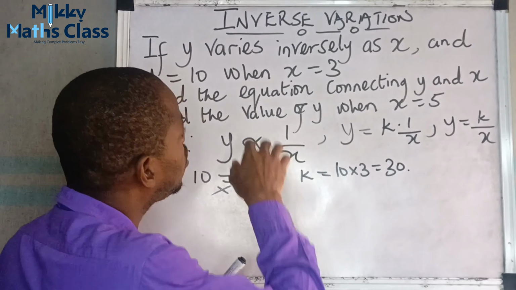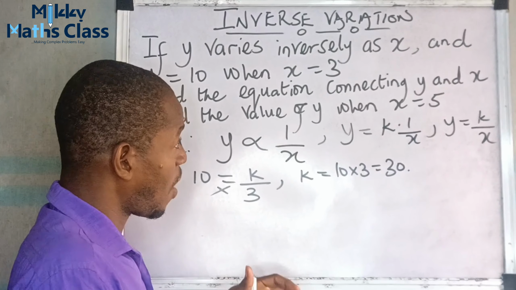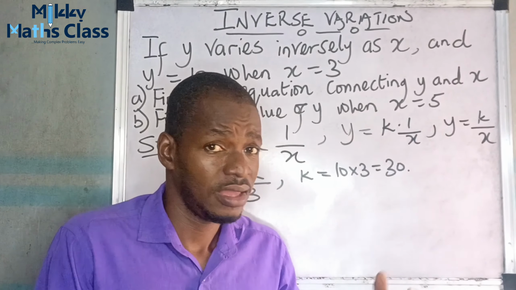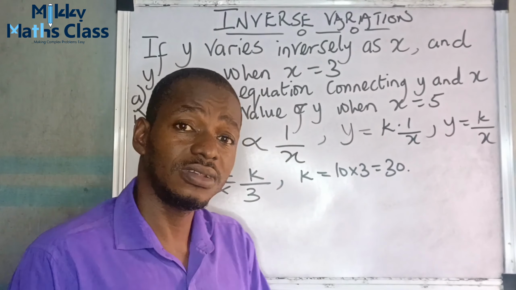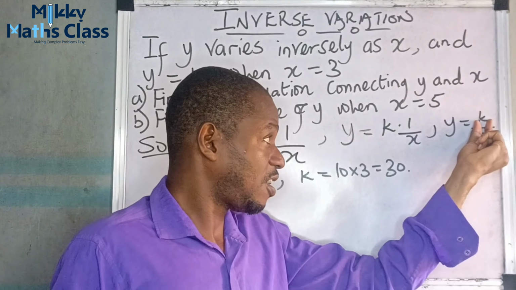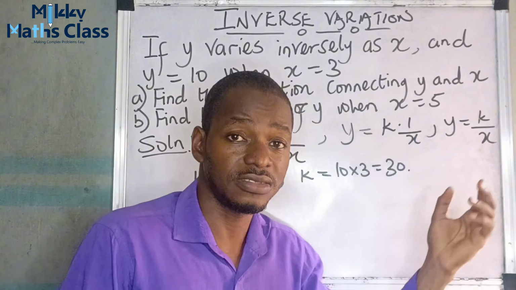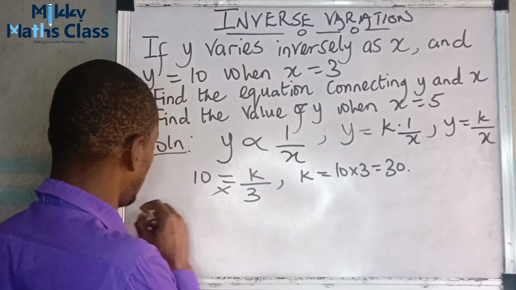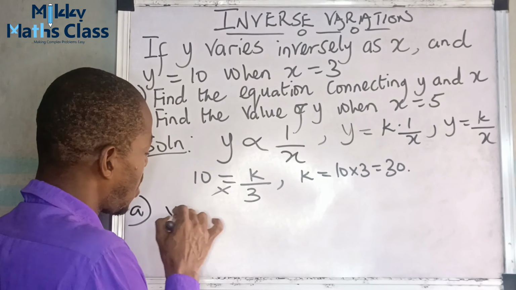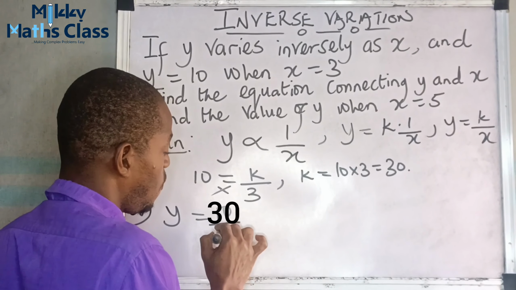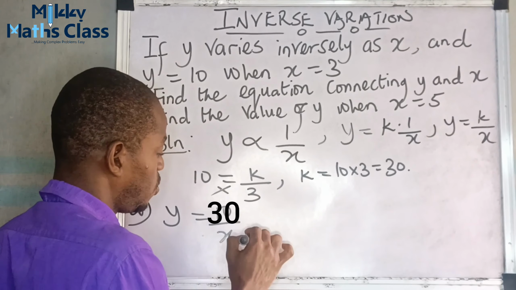It says find the equation connecting y and x. Like we mentioned under direct variation, after you have solved for the constant, input the value of the constant, and that's all. So the equation connecting y and x is y equals 30 over x.